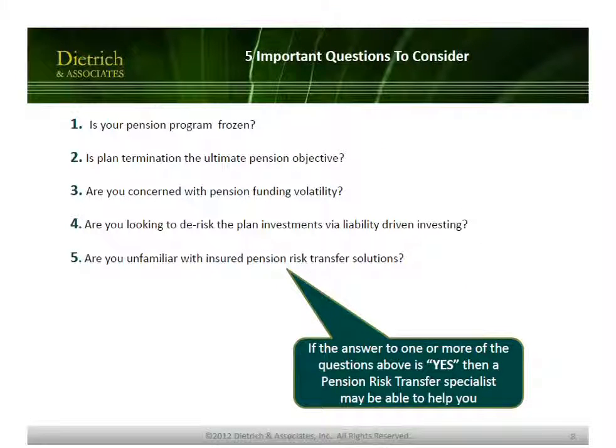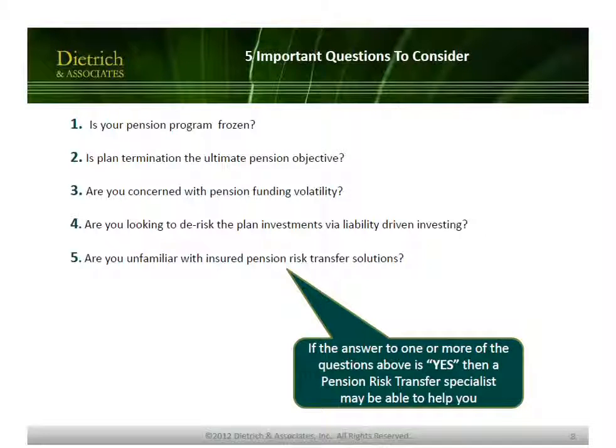And 5 questions to consider. So we wanted to give people on the call a couple things to think about, and I'm willing to bet that most people on the call are going to be able to say yes to many, if not all, of these. And I wanted to use this slide to again highlight the fact that Dietrich Associates is a specialist firm. We focus on working with institutional annuity products, and we really see our work as highly complementary to other pension stakeholders.